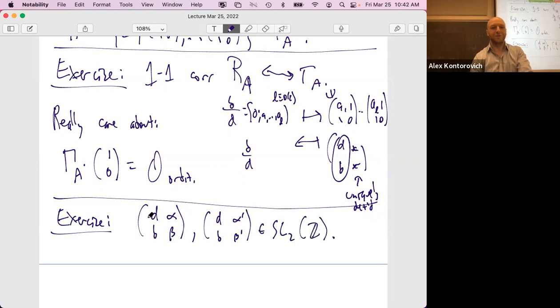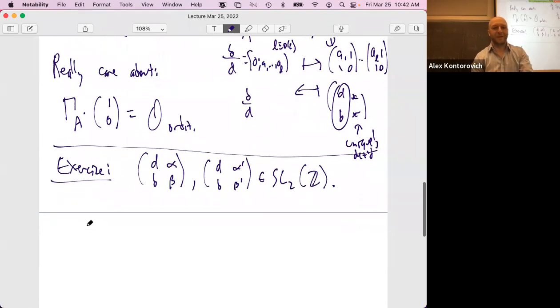If these are two matrices with determinant 1, then they differ, let's call the first gamma 1 and this one gamma 2, then gamma 1 is equal to gamma 2 times a parabolic element for some n. It shouldn't be too horrible to check.